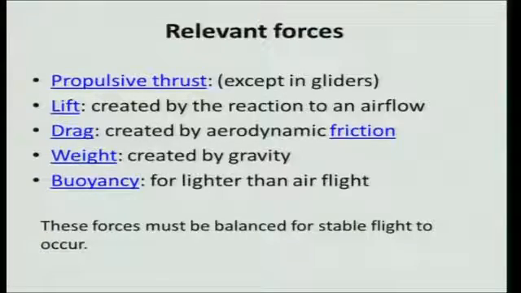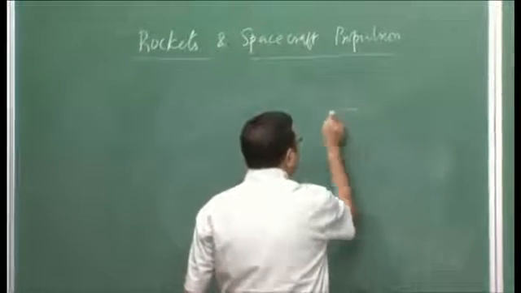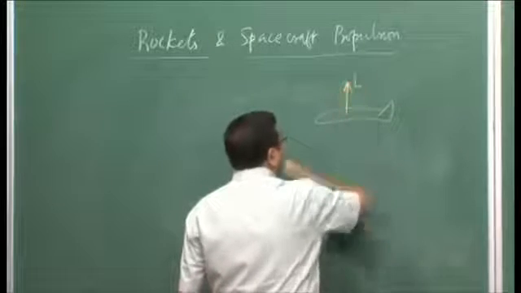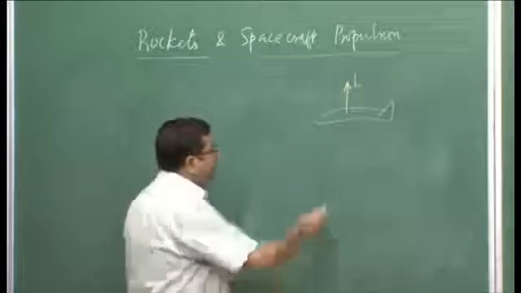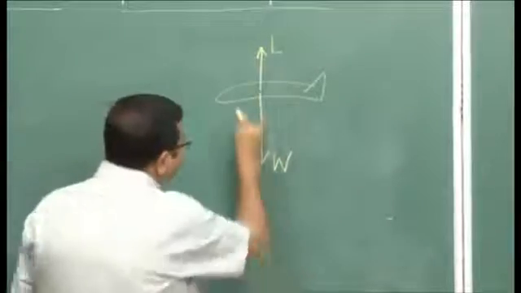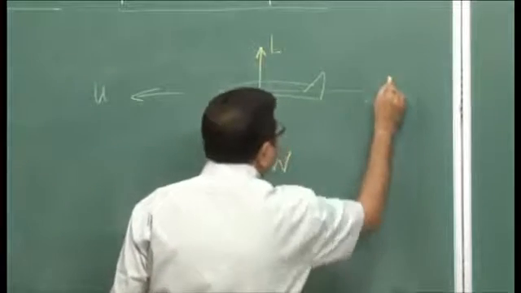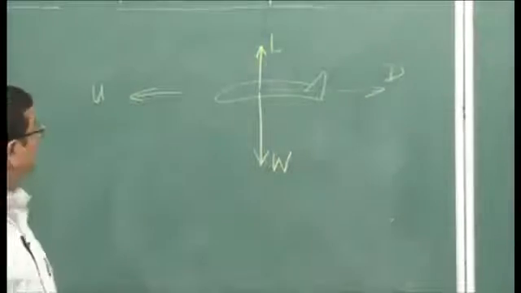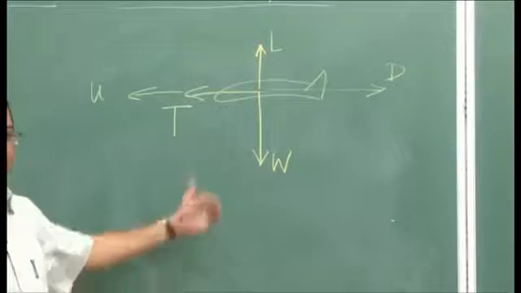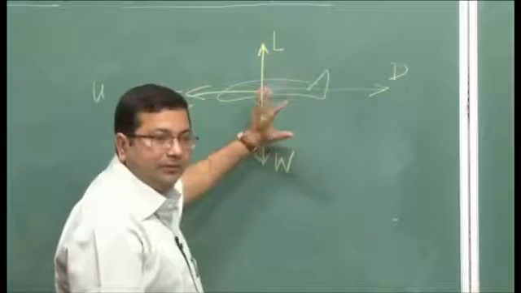So, if we draw a free body diagram of a vehicle, we will have lift acting upward generated by the aerodynamics, the weight acting downward, and if the flight direction is this, the drag will be acting in this direction, trying to slow it down, and the propulsive thrust, let us say T, is acting in this direction. Now all these forces must be balanced for a stable flight.